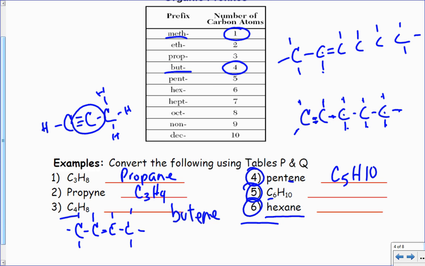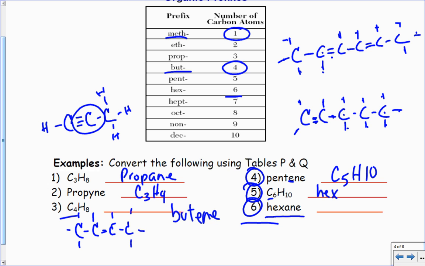I can't put in any more H's. This one needs a bond here. This one needs a bond there to get it to 4. This one needs a bond there. It's going to look like that. So I have 1, 2, 3, 4, 5, 6, 7, 8, 9, 10. Good. And so that's going to be an ene. I have 6 carbons, so it's going to be a hex.